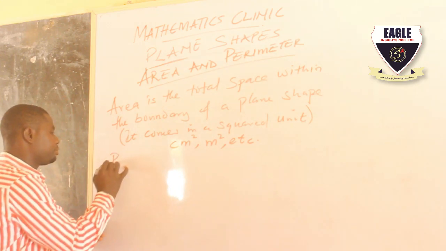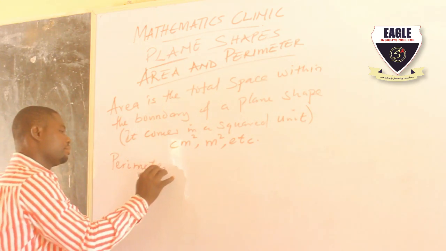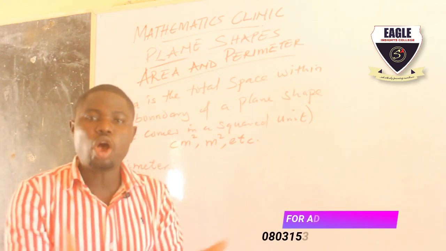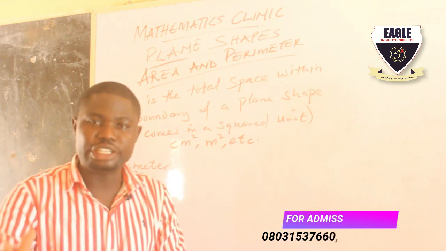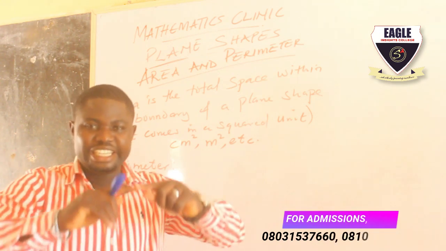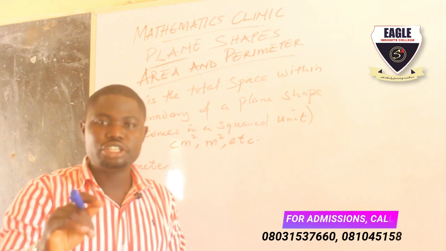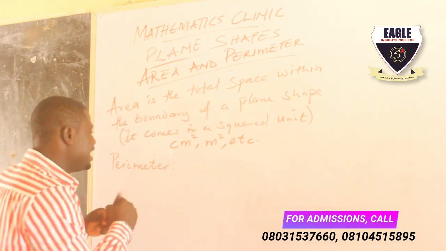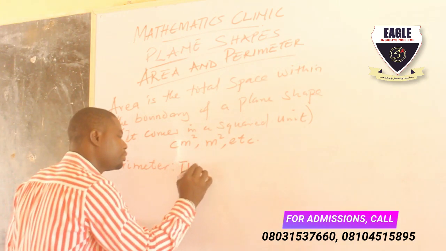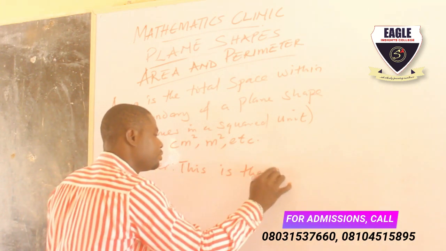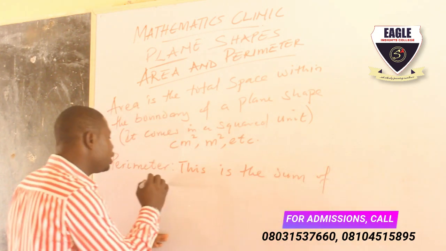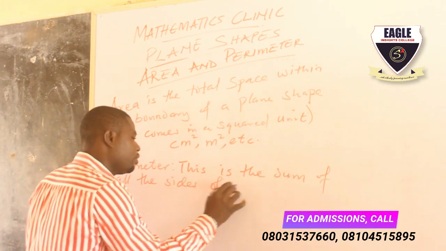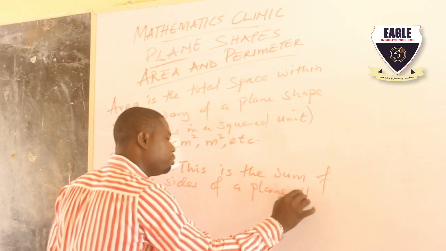Now, perimeter. What is a perimeter? A perimeter is the sum of the boundaries of a plane shape. In other words, we can say the perimeter is the sum of all the sides of a plane shape.